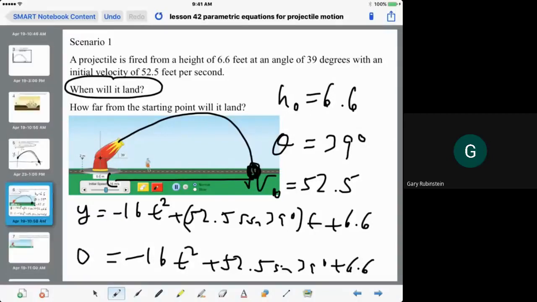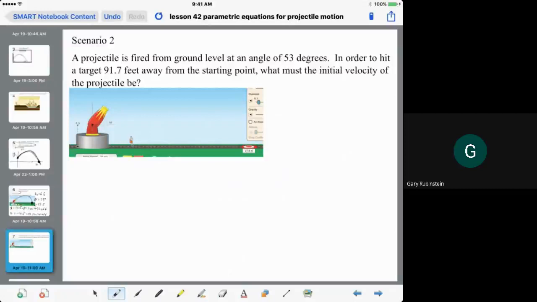In the second scenario, we want to hit a target. That's strange. Okay, so here I have a projectile, and it's still 91.7 feet. I feel like something's wrong. That's all right.